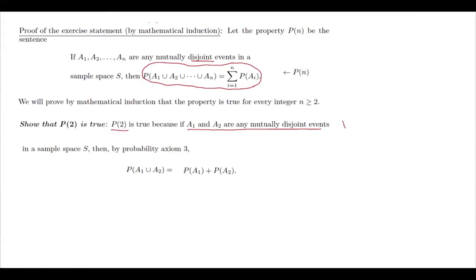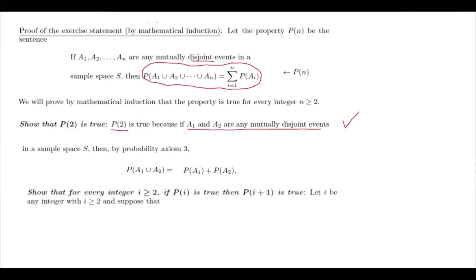So the base step is true. Now, if you assume that for any i more than or equal to 2, P of i is true, our goal is to show that P of i plus 1 is also true.